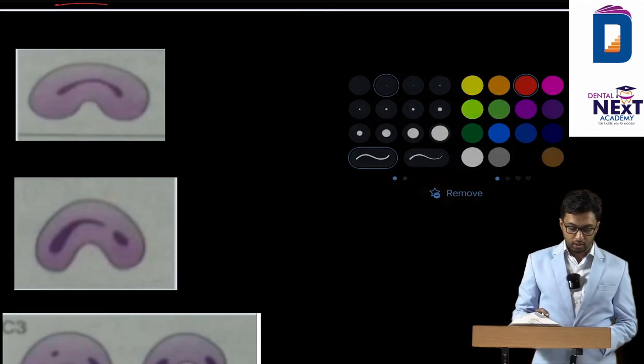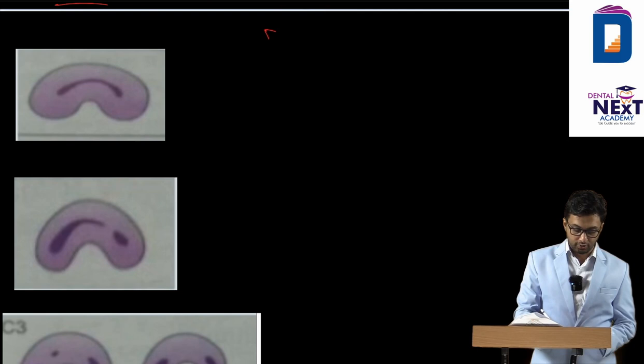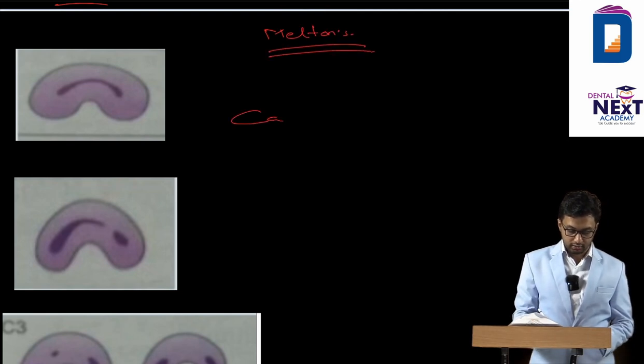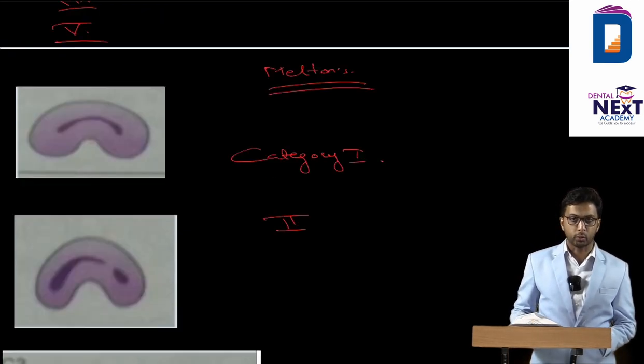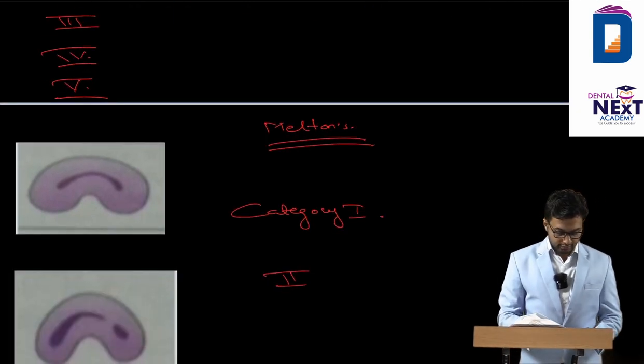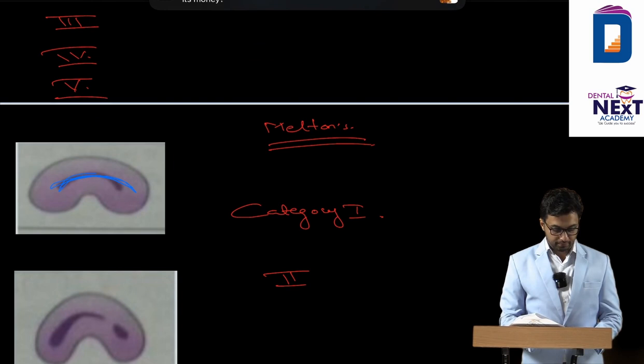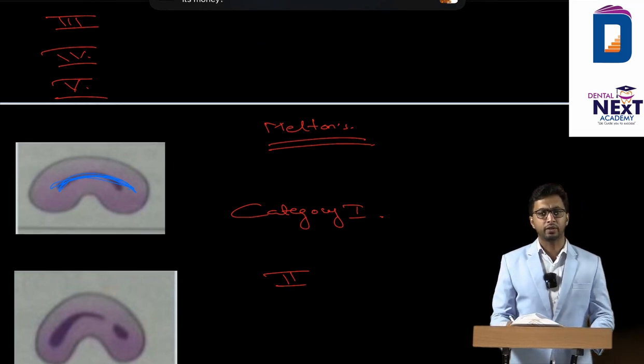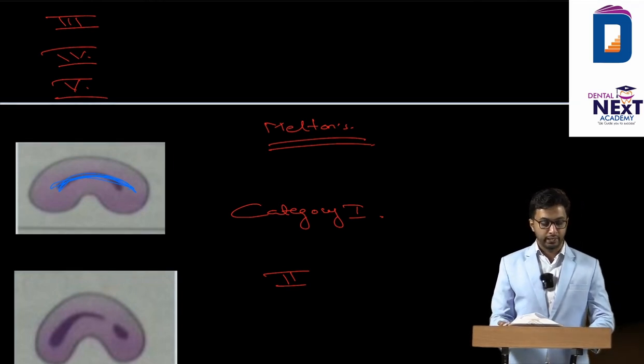Understanding Melton's classification is very simple. They call it category 1, category 2 and category 3. The other one had 5 types. Category 1 means there's a continuous canal system. There is no separation and no dentine in between.